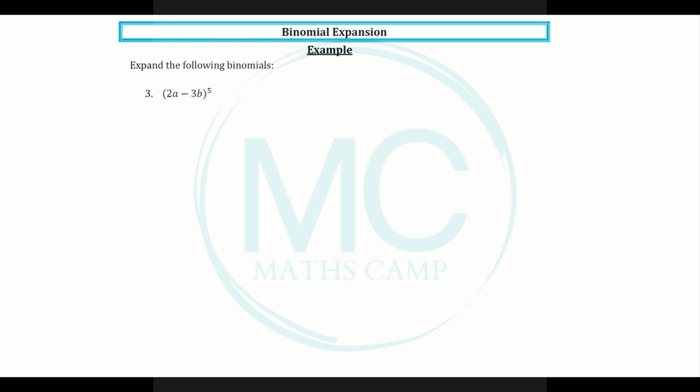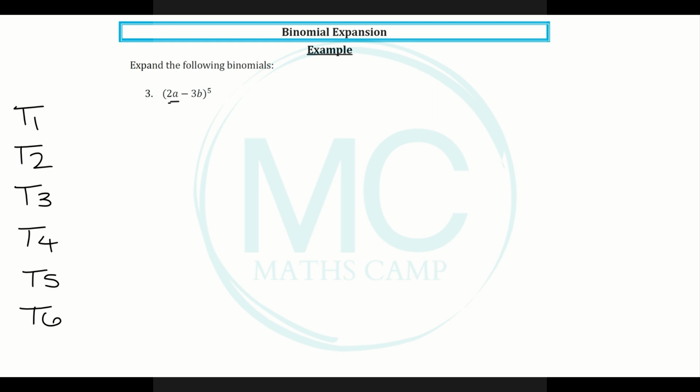Expand the following. Here our bracket has an exponent of 5, so we need 6 terms. So we can say term 1, term 2, term 3, term 4, term 5, and term 6. Our A term is 2a. The exponent will affect both the 2 and the a.